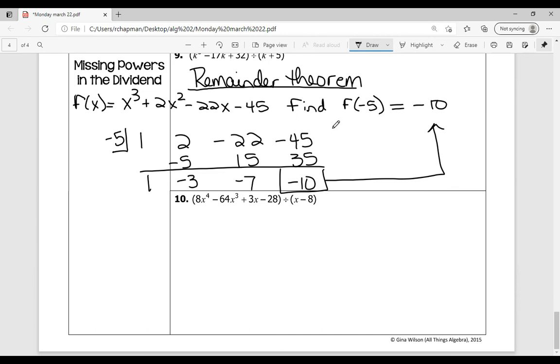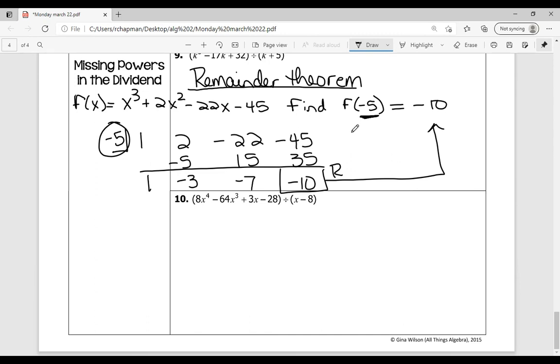So what I did is I just divided by the negative number that was there. My outcome, my remainder, this is why it's called the remainder theorem. The remainder is the value of the problem when you plug in that number right there. Same thing. Does that kind of make sense? Okay.